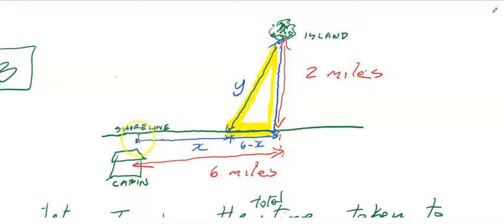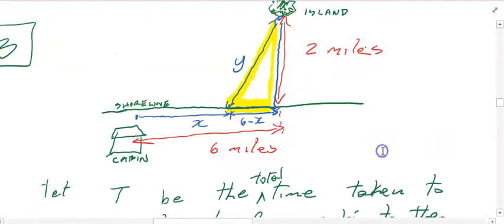So if we let the distance from the cabin to the point on the shore where our visitor will run to before he swims be x, then the distance from there to the point on the shoreline measured from the island directly was 6 minus x. And we can assign another variable y to the distance that the visitor will swim.